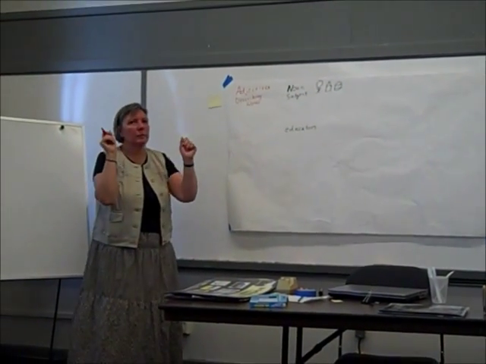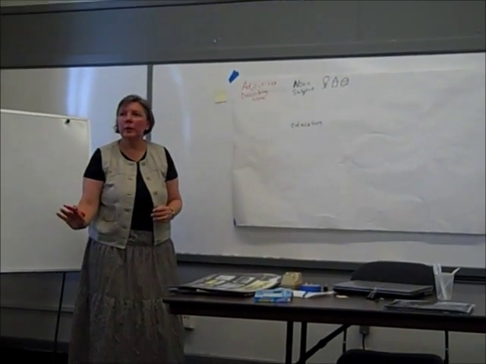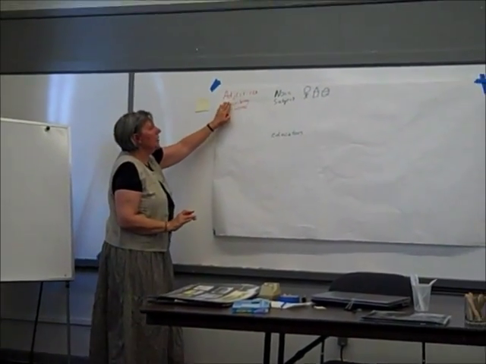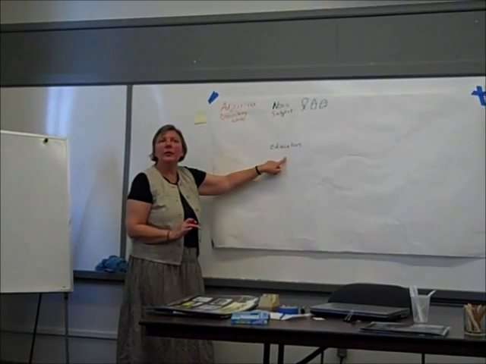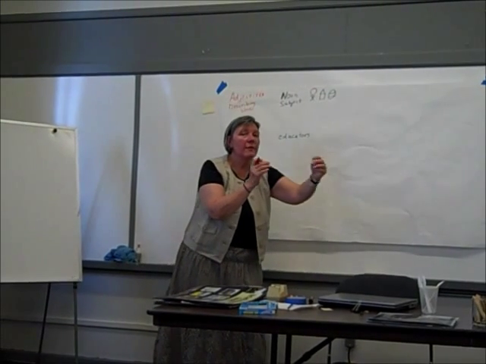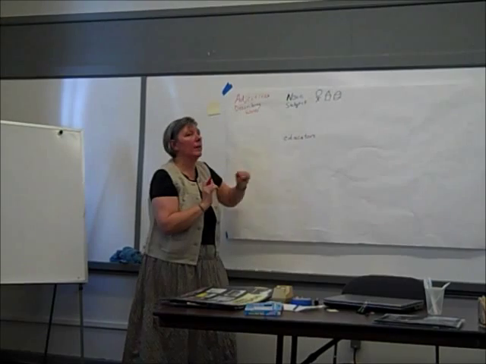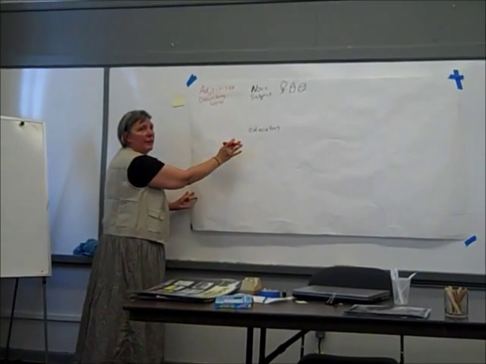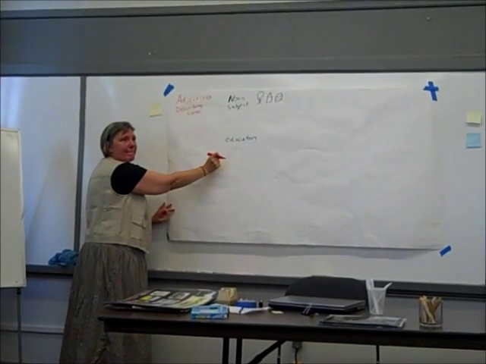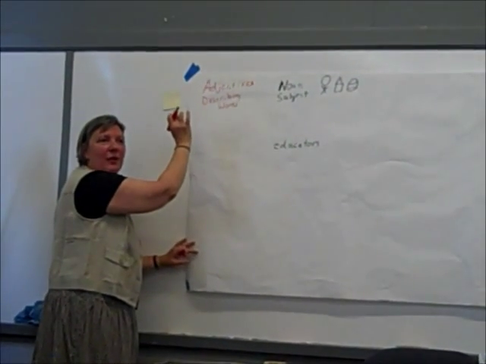So what I want you to do is put your heads together, or you're sitting at the carpet, turn to your partner and talk about adjectives that describe educators. Go ahead and finish that sentence: educators are so... Turn to your partner and come up with adjectives that describe educators. Go ahead.